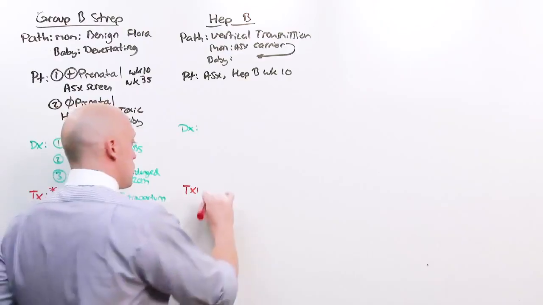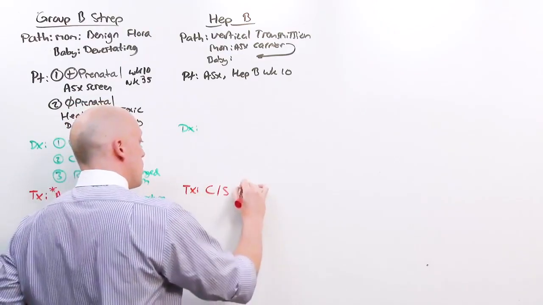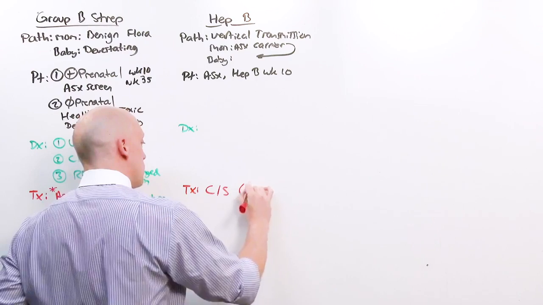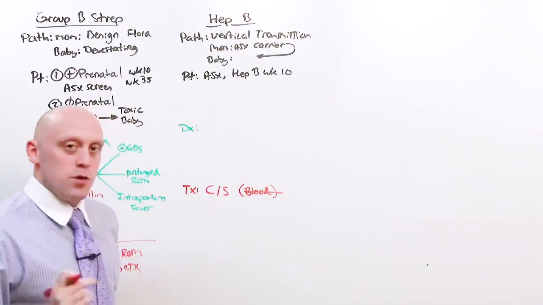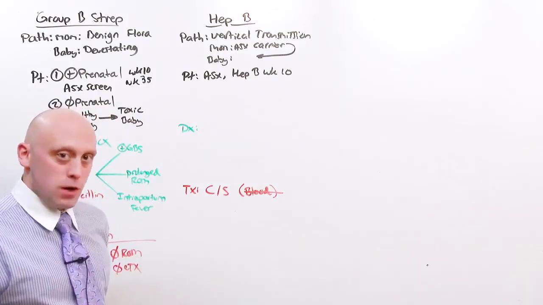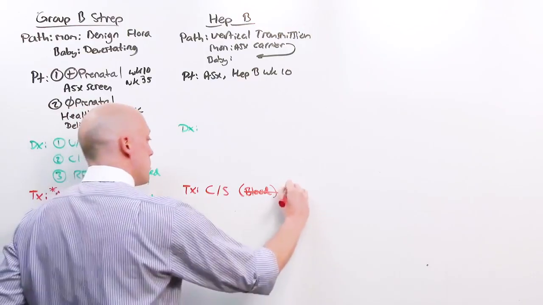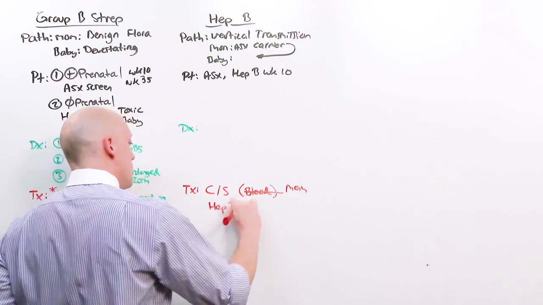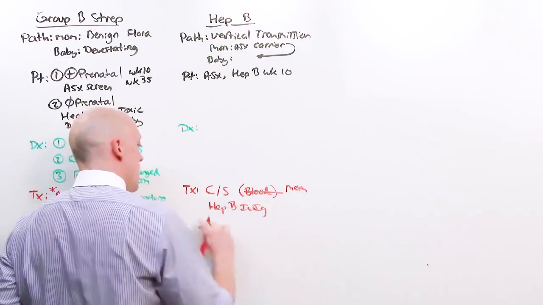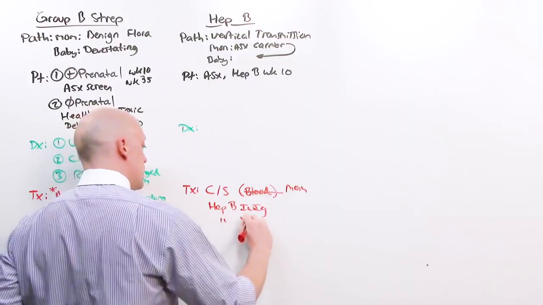The way you do that is perform a C-section to avoid maternal fetal mixing of blood. And whether you deliver vaginally or through cesarean, you're going to give baby the Hep B IVIG and the Hep B vaccine.